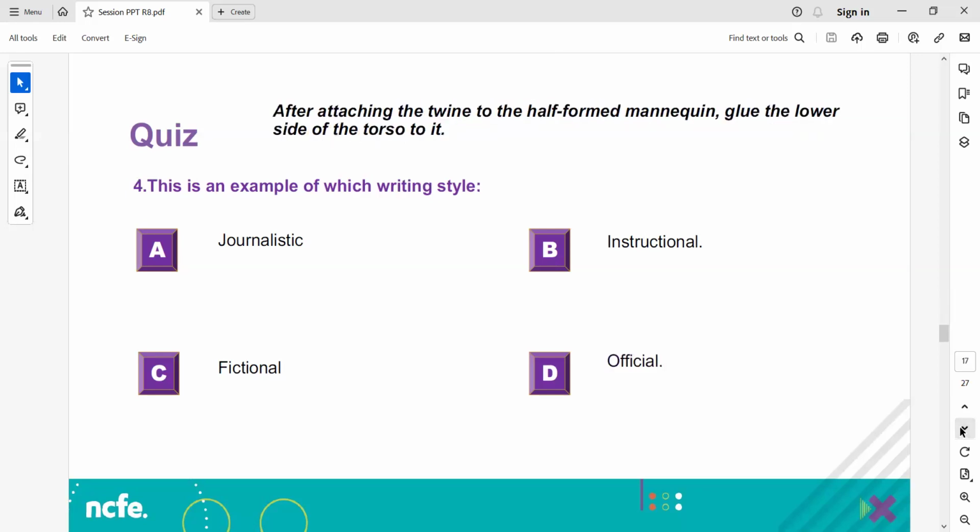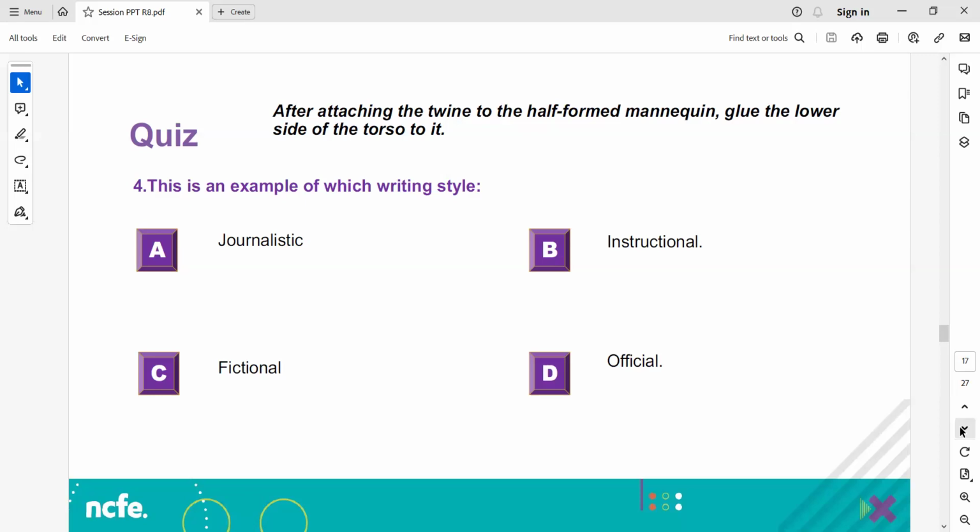Well done. After attaching the twine to the half-formed mannequin, glue the lower side of the torso to it. So journalistic, instructional, fictional, or official? That's instructional. Good. And what tells us it's instructional?